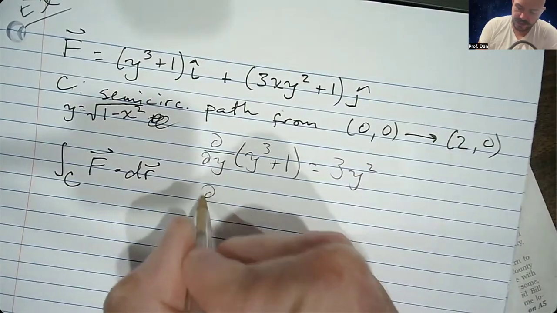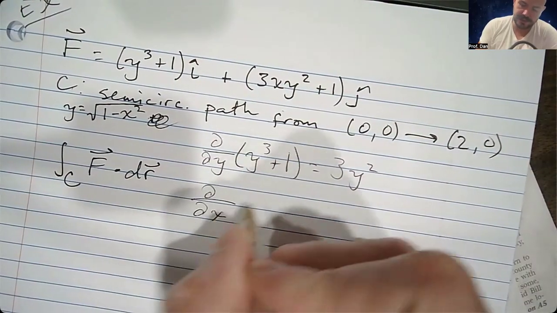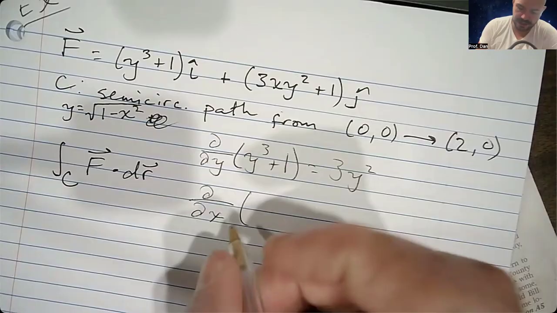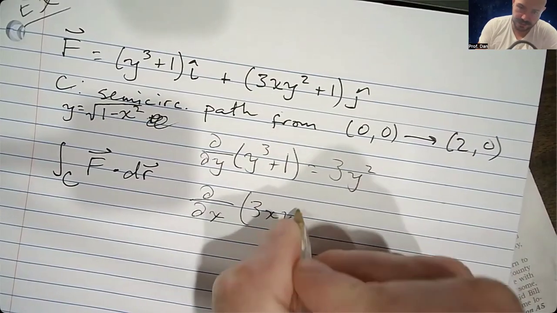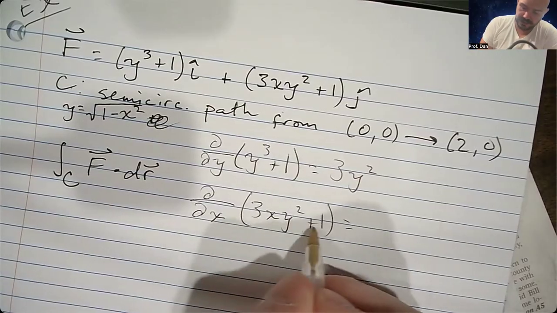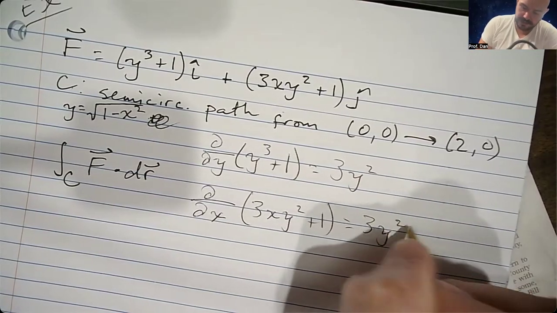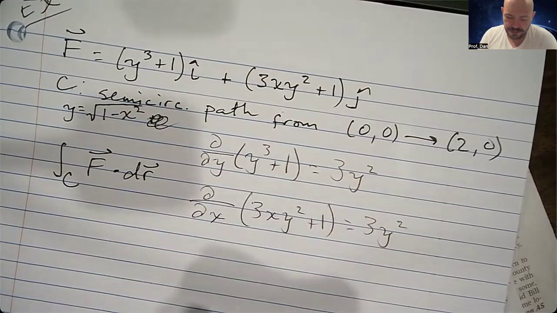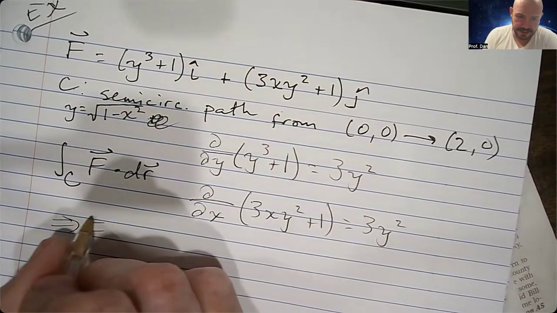Then we take the partial derivative with respect to x of our y component. So that's 3xy squared plus 1. When I take this derivative, I get 3y squared. Because these mixed partials are equivalent, we know that F is conservative.